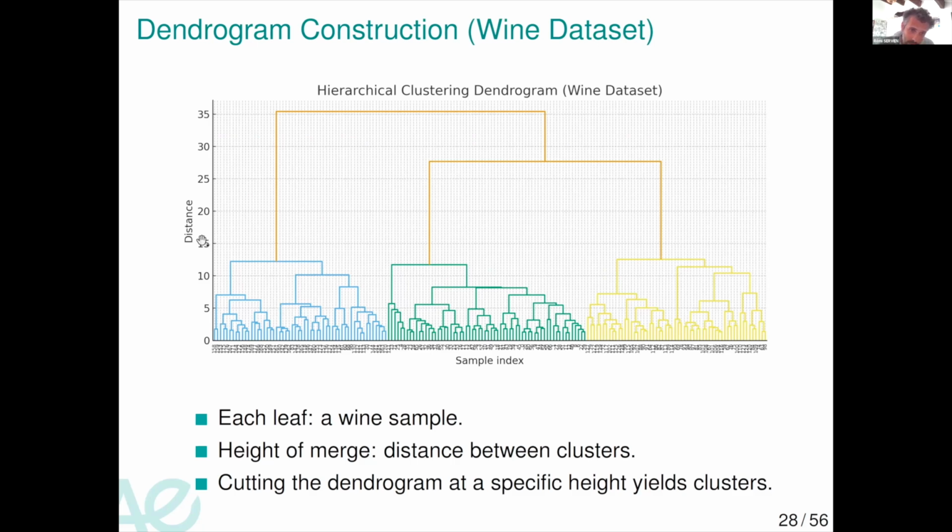At the beginning, if you perform the agglomerative approach, you have each point in its own cluster. You compute the distance matrix between all points, and the smallest value means that those two points are the closest.